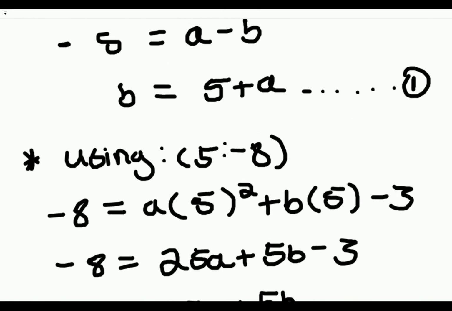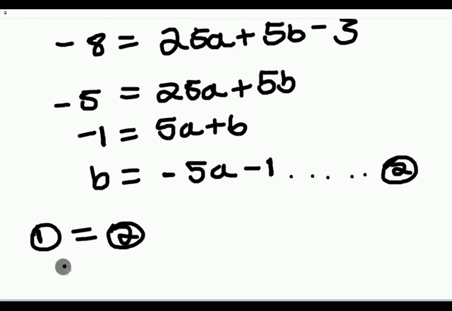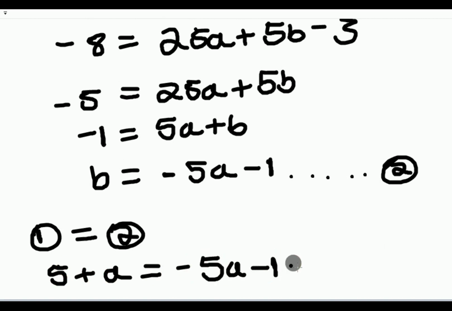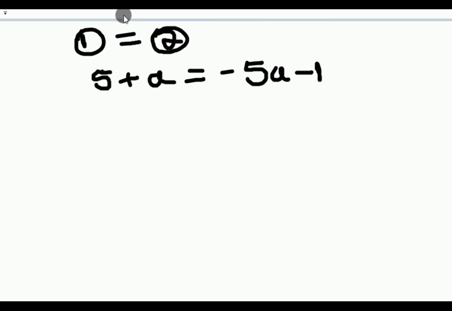So our equation 1 was, b was equal to 5 plus a, and 5 plus a is equal to minus 5a minus 1. So this is going to give us that we are going to take a 5a on the left hand side and 5 on the right hand side.